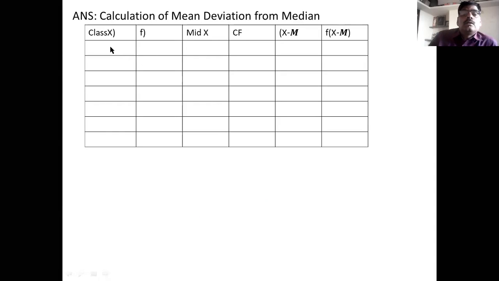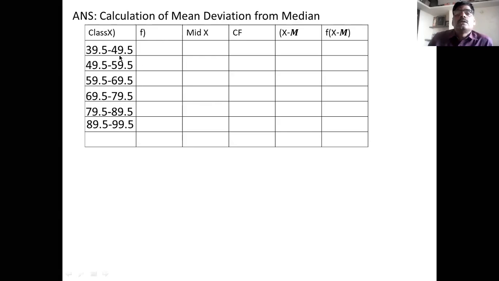Class: the inclusive class is to be converted into exclusive. 39.5 to 49.5. You increase the upper limit by 0.5 and decrease the lower limit by 0.5. This is the class. I changed the class into exclusive.